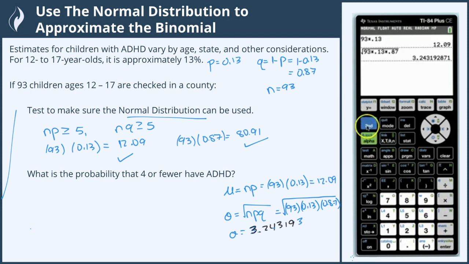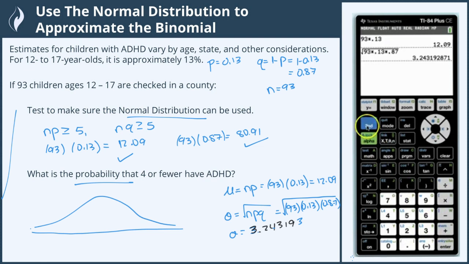Typically, when you're doing this, you want to take at least 5 to 6 digits to the right of the decimal place because you're going to use this to calculate something else. You don't want to round too much here. I like 6 digits to the right of the decimal for the standard deviation, because we're going to use it in our normal CDF, which is our next step, since we're asked for a probability.